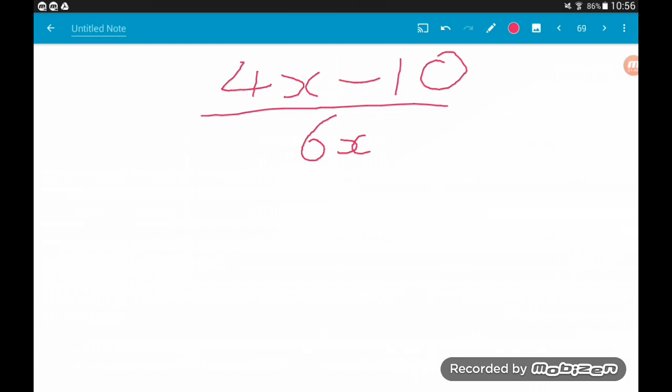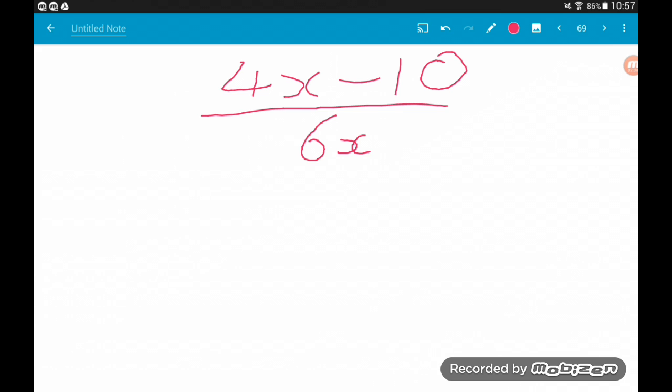Example 1: we've got 4x minus 10 over 6x. When we're dealing with algebraic fractions, it's very important to remember that to simplify them, every single term has to have the common factor. So here, what's common between 4x minus 10 and 6x?